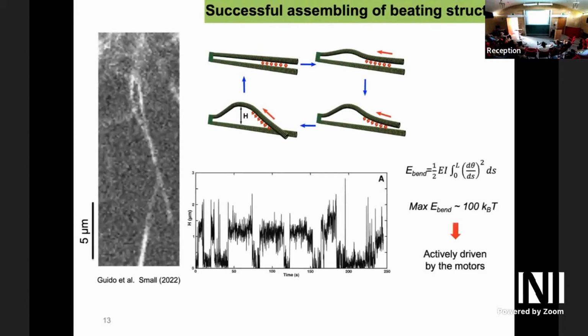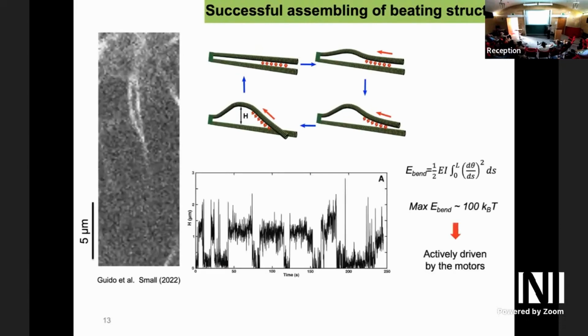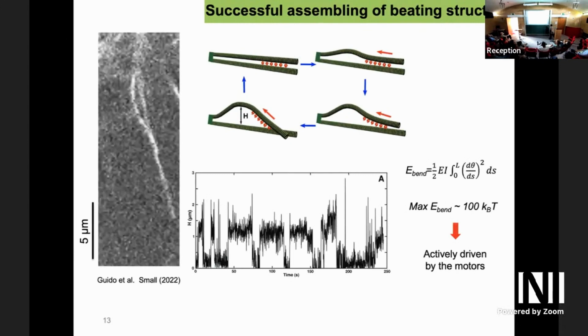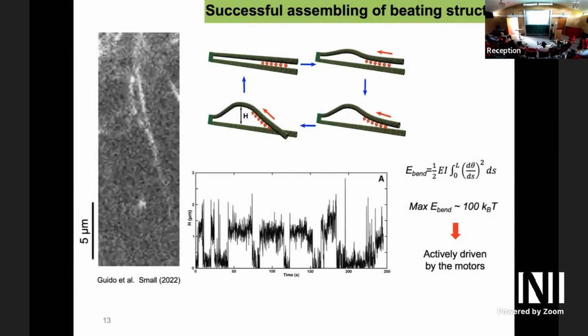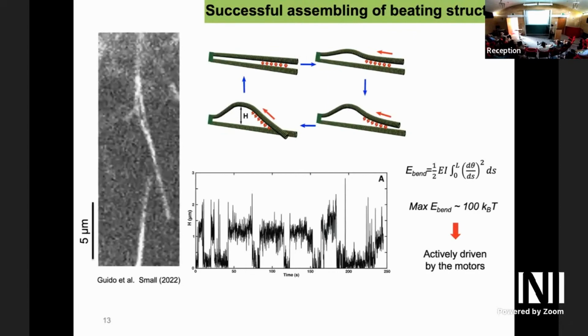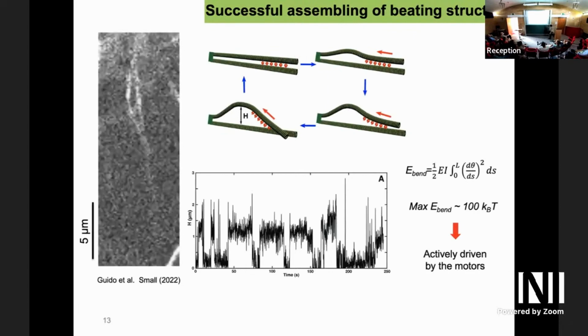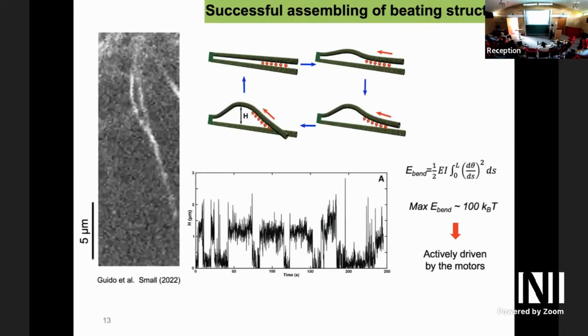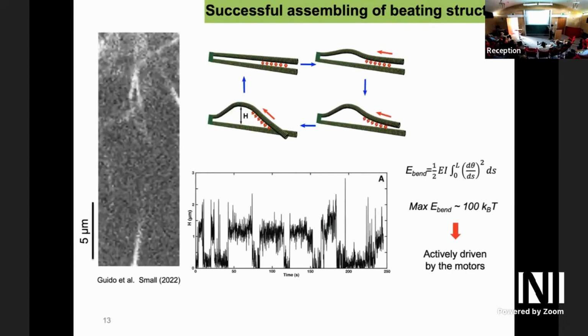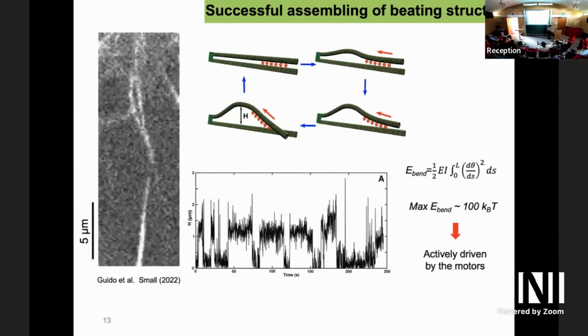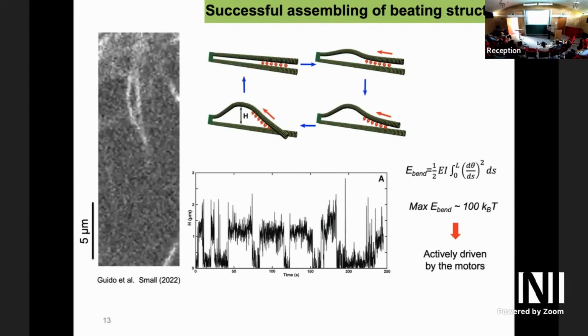If we measure the distance between these microtubules, then we can characterize this cycle as a function of this distance, and we see that it goes between open and closed states.